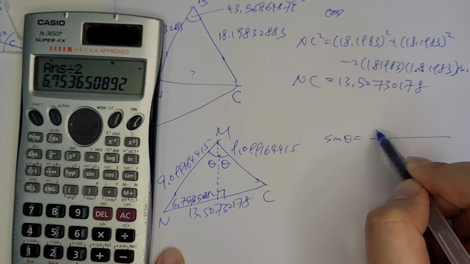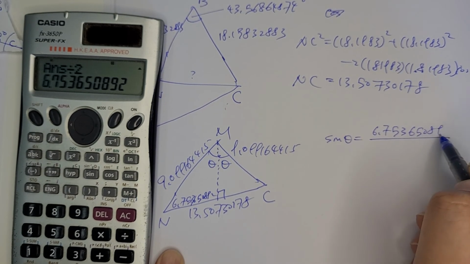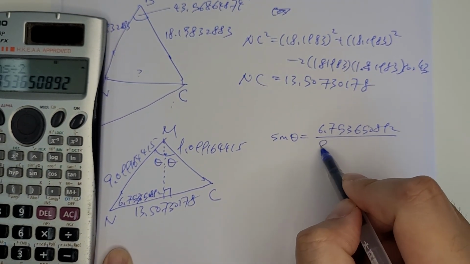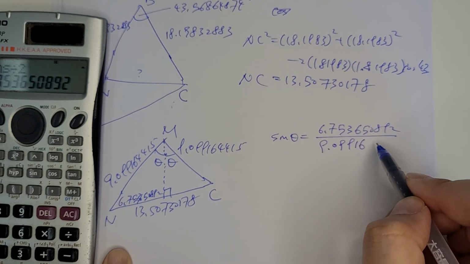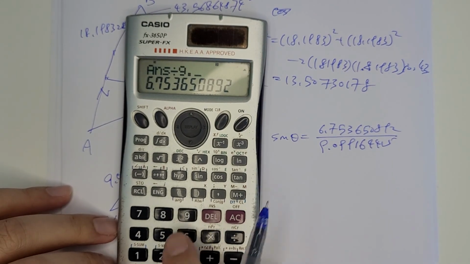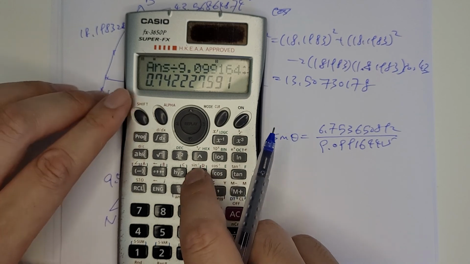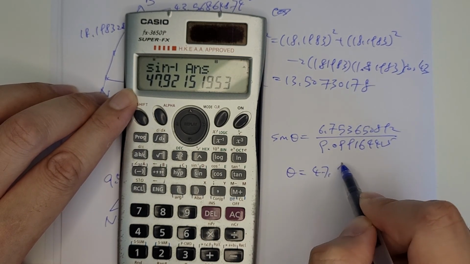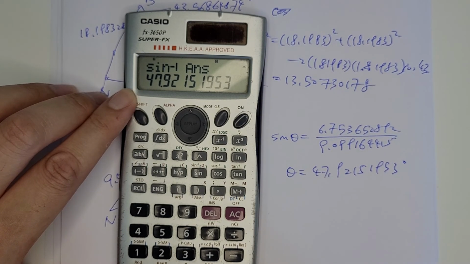You can find sine theta. Sine theta is 6.7536508892 divided by 9.099164415. Then shift sine, you will get theta, that is 47.92151953 degrees.